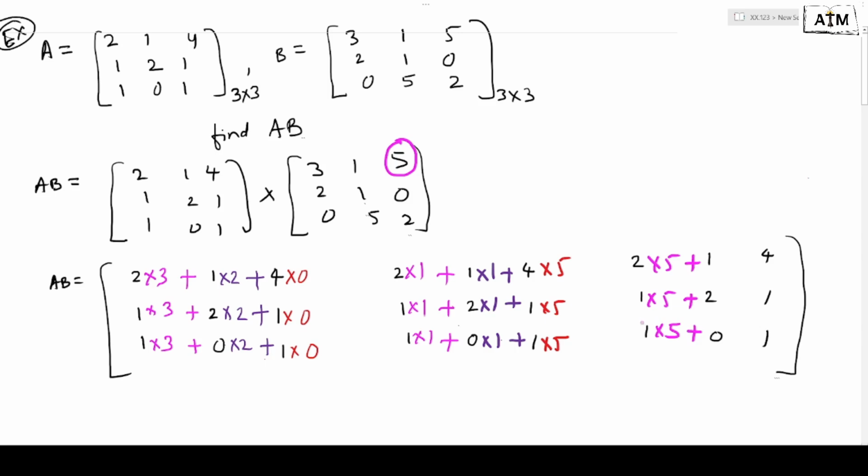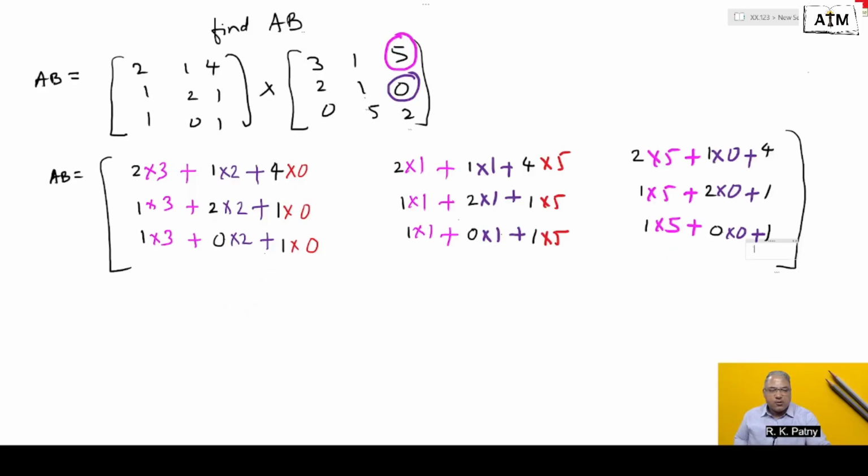By using this logic, you can easily do multiplication of two matrices of 3 by 3 order. Now, the third element of column 3 is 2. Therefore, 4 into 2, 1 into 2 and 1 into 2.